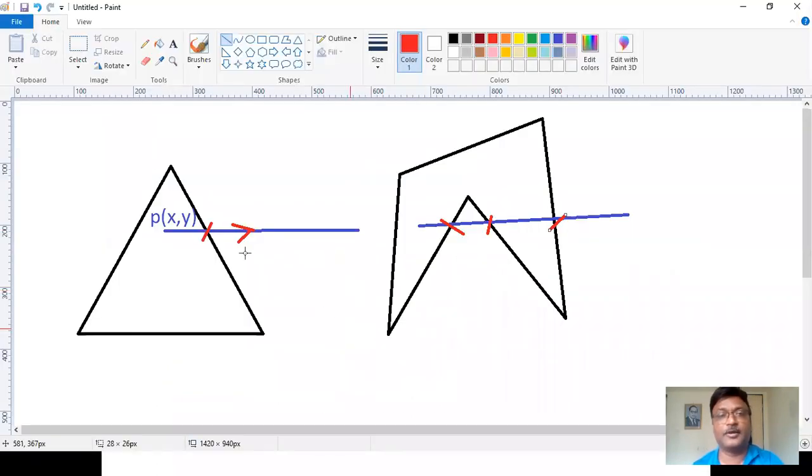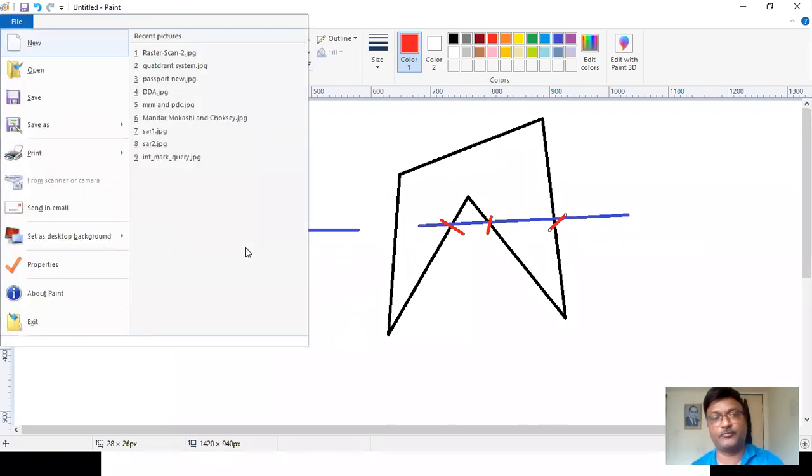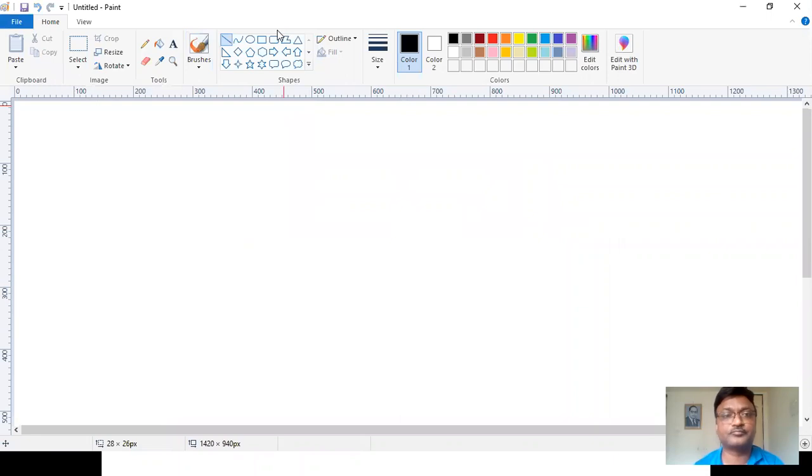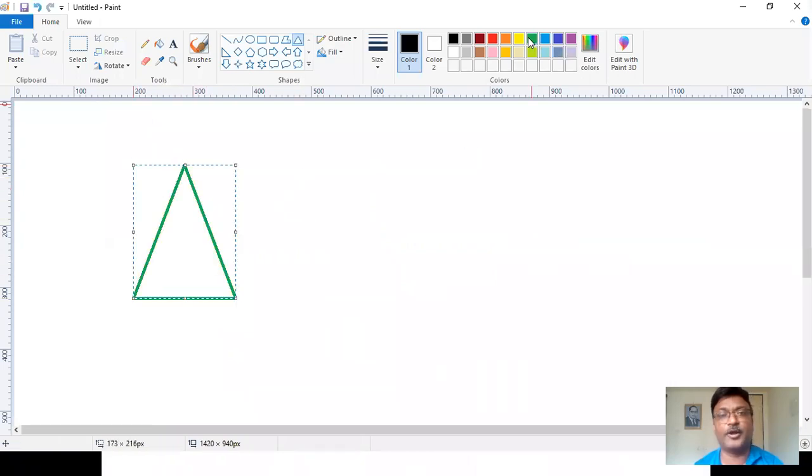So here again I am going to draw one new figure so that it is easy for you. Any polygon I have to consider over here with the black color, and this is the point I have to consider. Suppose this is my point, and this point is outside the polygon, and then I'm going to draw the line.